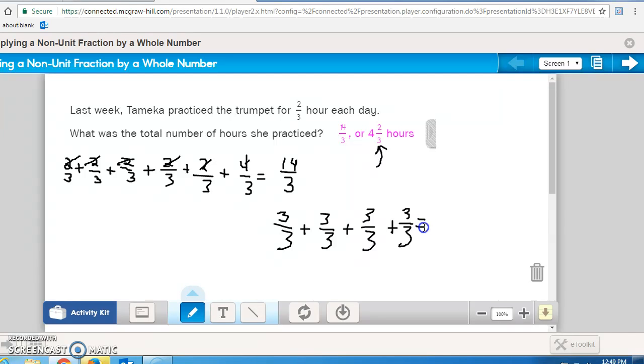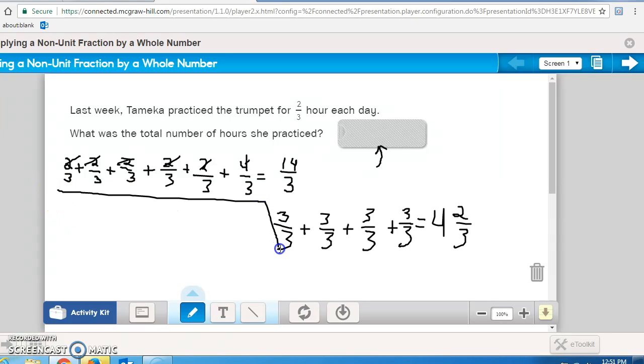Okay, so that equals 12/3. 1, 2, 3, 4. There's my 4. How many thirds did I got left? If I use 12 of these, I have 2/3 left for my answer. That's one way we could get our answer.